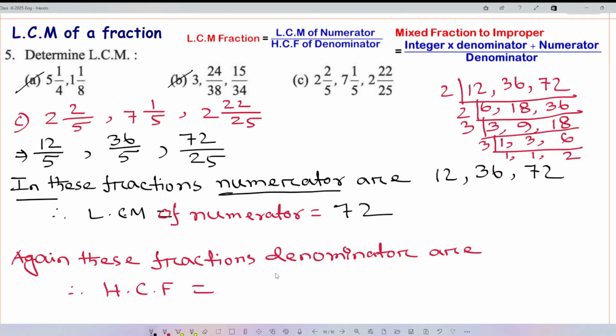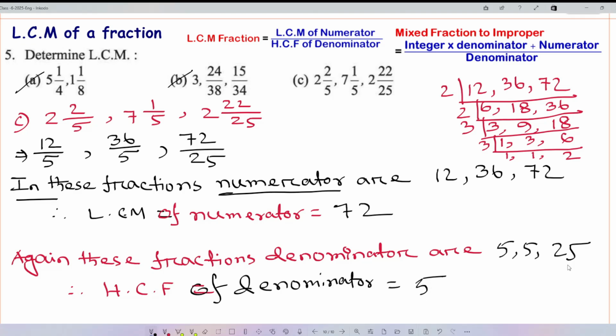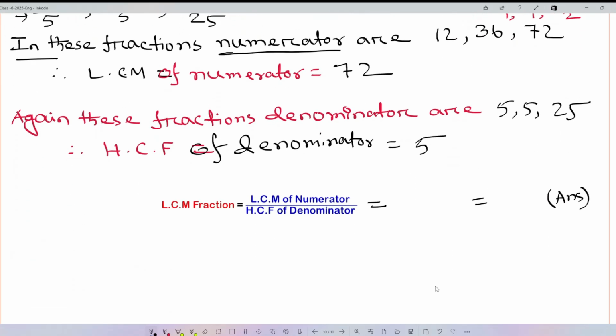And again this fraction's denominators are what? 5, 5 and 25. Obviously the HCF of denominator equals 5. 5, 5, 25, so the common thing is 5. So LCM of fraction: LCM of numerator, which is 72, HCF of denominator, which is 5, right?